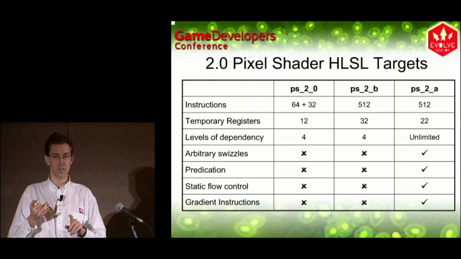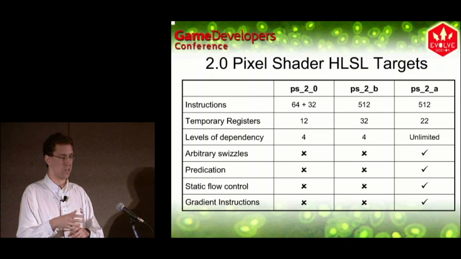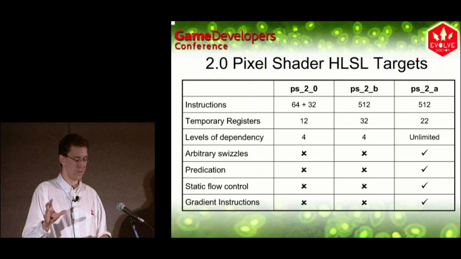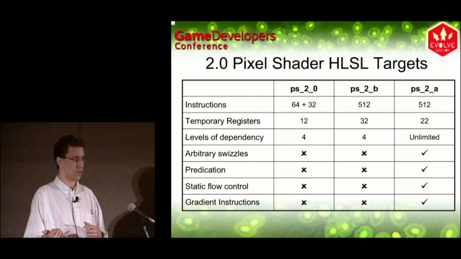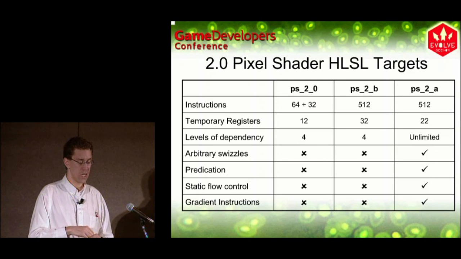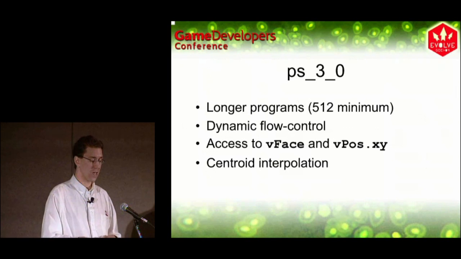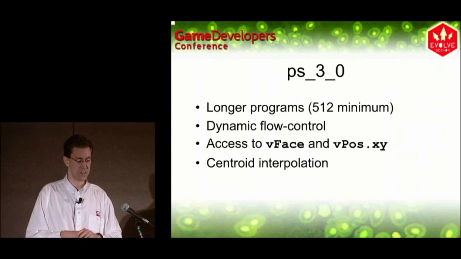Arbitrary swizzles, it should be obvious what that means: all that swizzling stuff you can do with the vertex shader, which is very flexible, you can do at the pixel shader level. That predication stuff that I discussed earlier, you can do at the pixel level. There are some static flow control instructions, and you also have gradient instructions as well. I'll discuss some of that more as I discuss PS3.0.